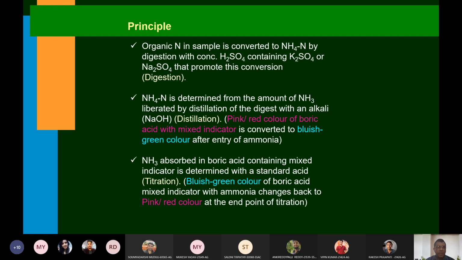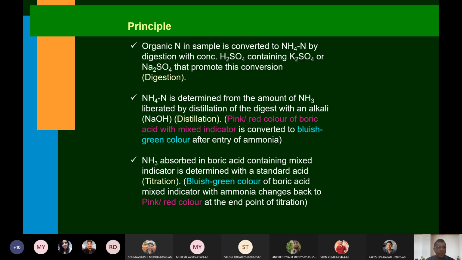Once your nitrogen has come into ammoniacal form, it is ammonium sulfate. So whatever nitrogen was there in the plant sample has been converted into ammonium sulfate. And this ammoniacal nitrogen is determined from the amount of ammonia liberated by distillation of the digest with an alkali.